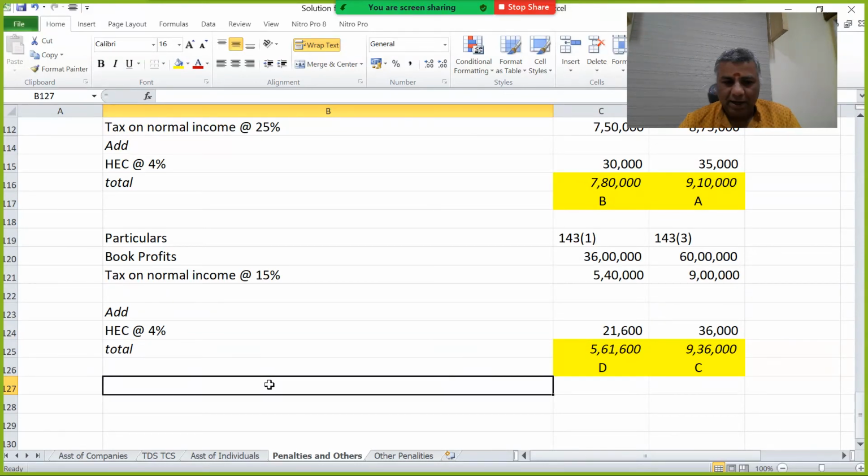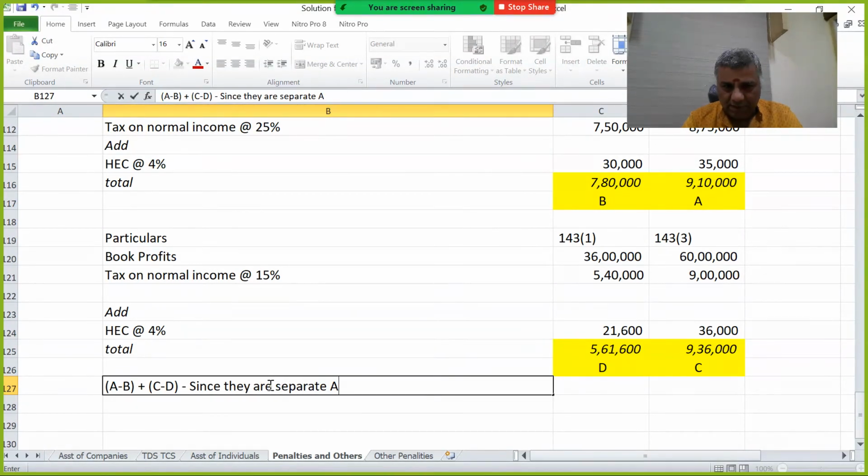For levy of penalty, what we need is A minus B plus C minus D, since they are separate adjustments.